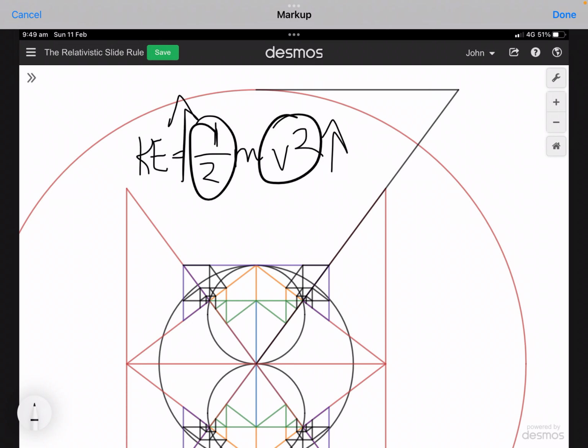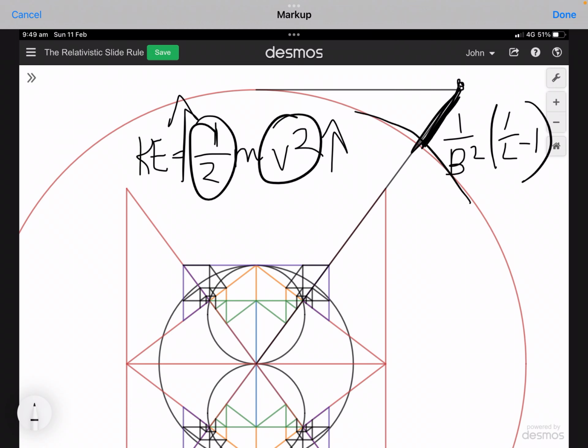And I'm going to show that this half is actually this quantity here. And as the velocity drops, this quantity, which is 1 over b, will just start flying up that way, and this will drop to a half.